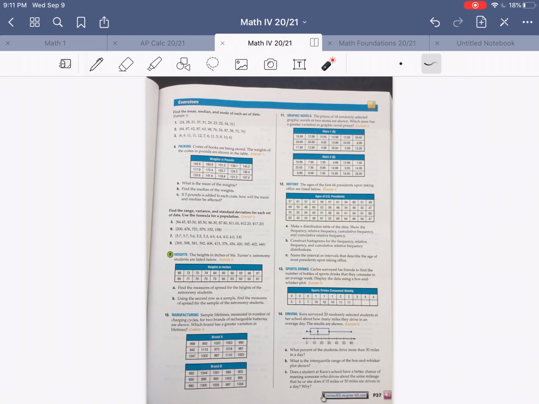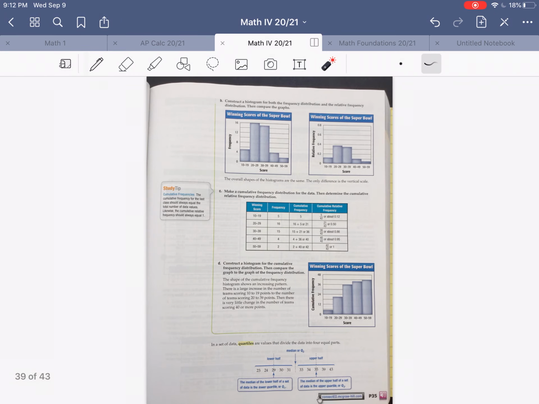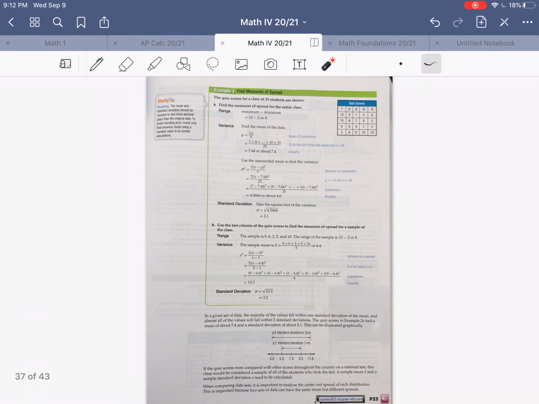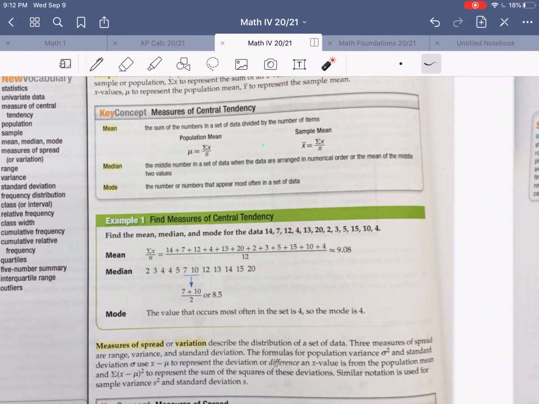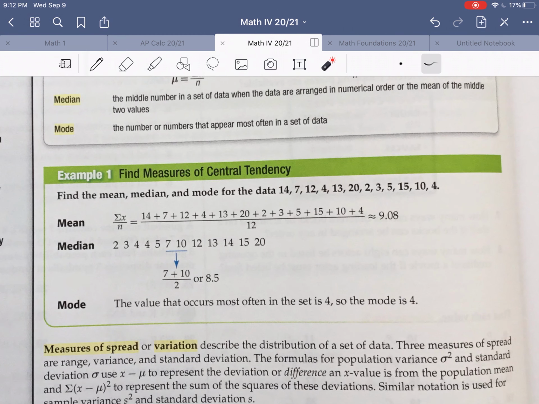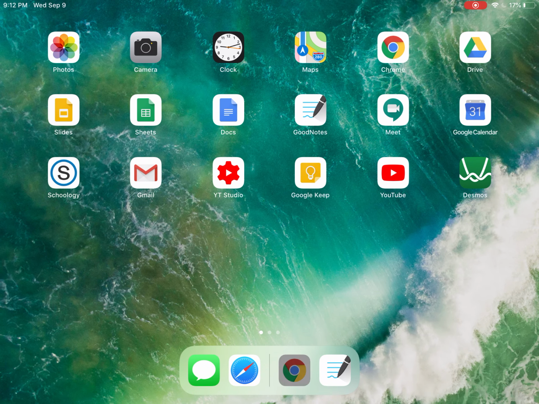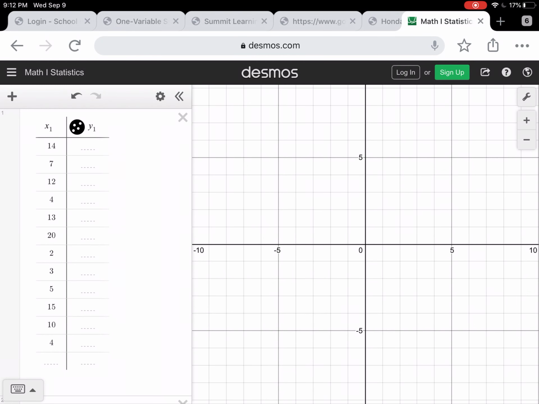And then you've got your homework. Now, let me show you the easy way to do all this. I actually already took the data from that first one that we looked at, this one right here, and I input it into Desmos, into a table, just into the X1 chart. So let me swap over there. Yep, all right, so here's my data set. Same numbers and everything.